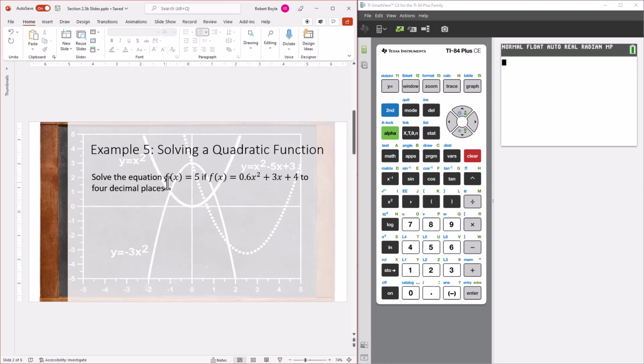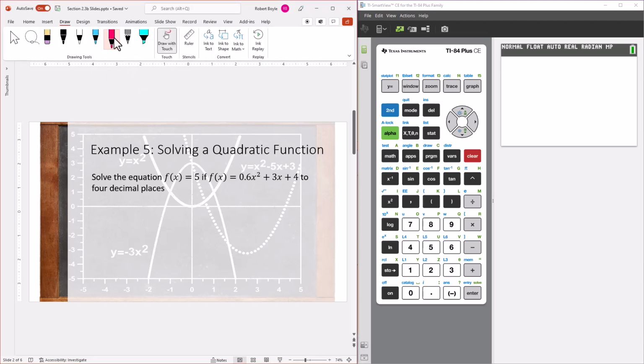Solve the equation f of x is equal to 5 if f of x is equal to 0.6x squared plus 3x plus 4. Okay, now that sounds kind of like a lot, but really this is what they're saying.